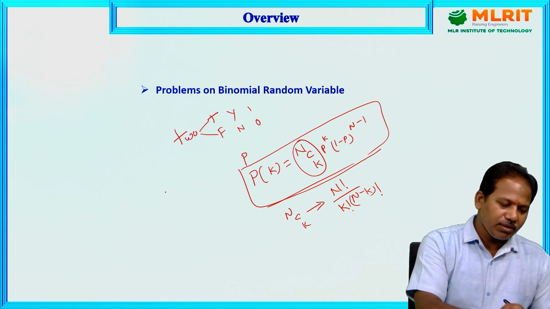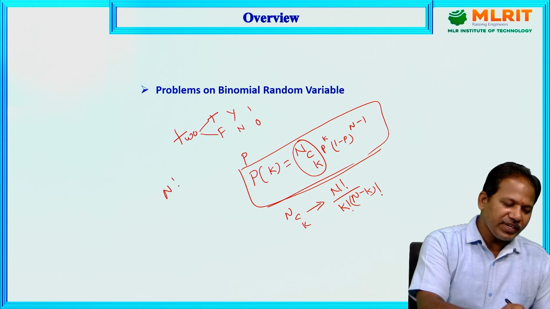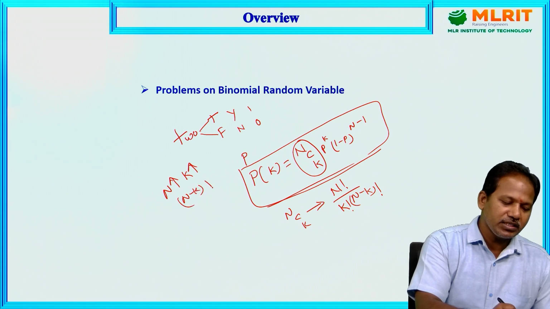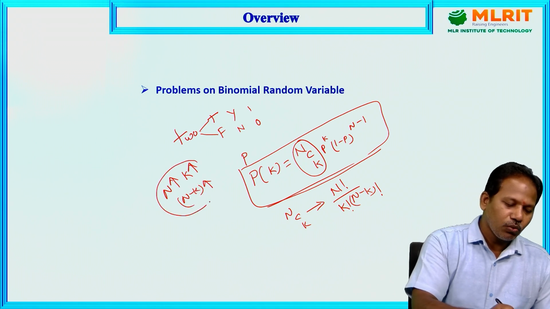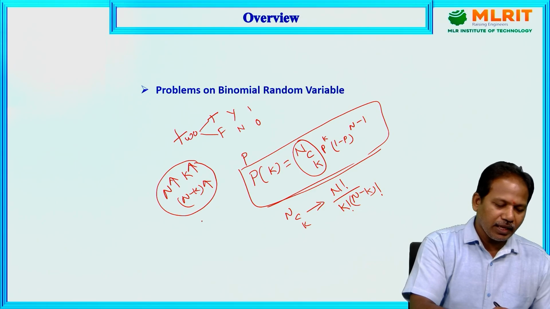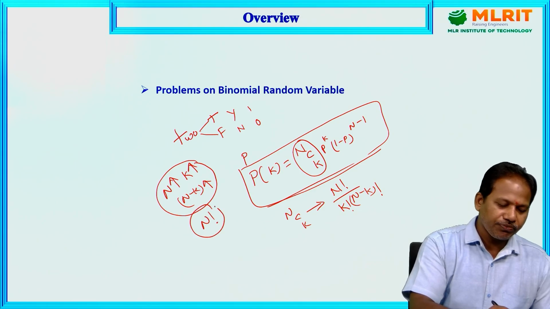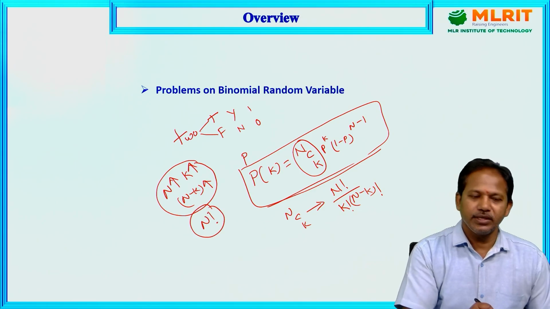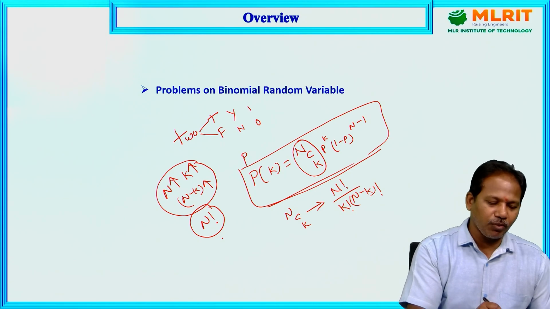First rule: if n is very large, and k also very large, and n minus k also very large, in this case we cannot find the n factorial value. That's why we use the Stirling formula.